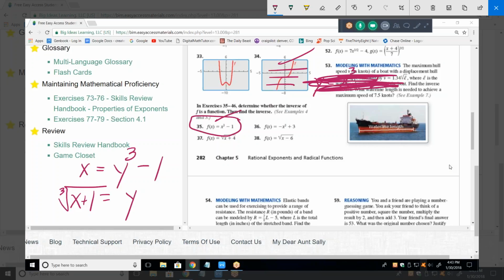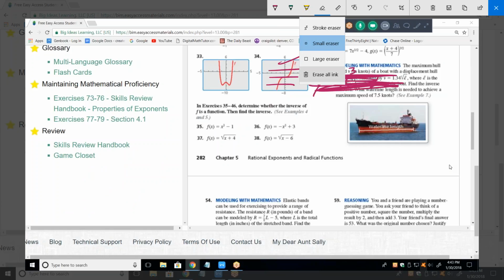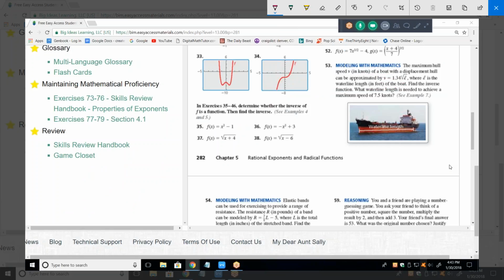It's also going to pass the horizontal line test. Okay? So that's all we have to really do is graph these and see if they pass the horizontal line test. That's one way to determine whether the inverse is a function. Let's graph them and see. That's the easiest way, I think.